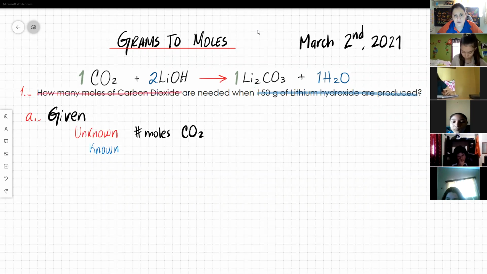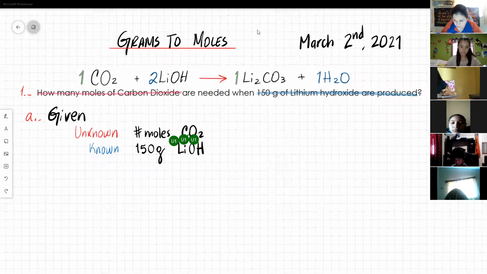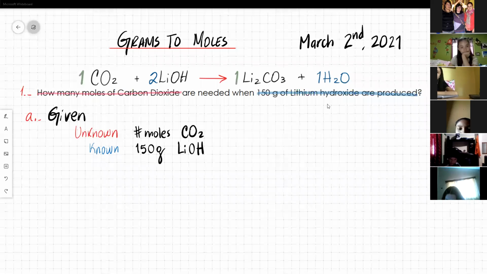So lithium hydroxide in this case is going to be the known. So known, I have 150 grams of lithium hydroxide, LiOH. So there you go. I have my known and my unknown written.